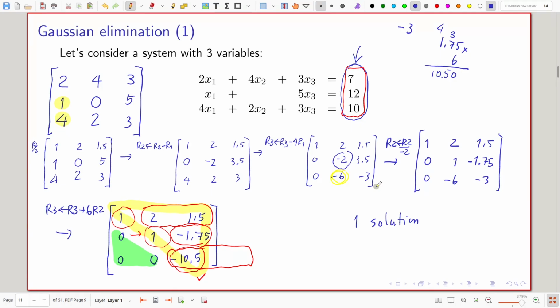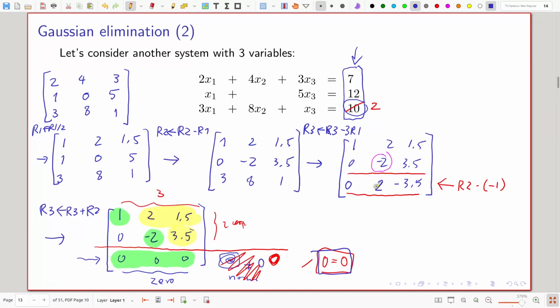The other one, when we haven't changed this to 2, has no solution. And finally, the last one, when we change the constant here to 2, has many solutions. Infinitely many, because we can pick one variable and set it to whatever we like. The other variables will follow. So basically they will have many solutions.